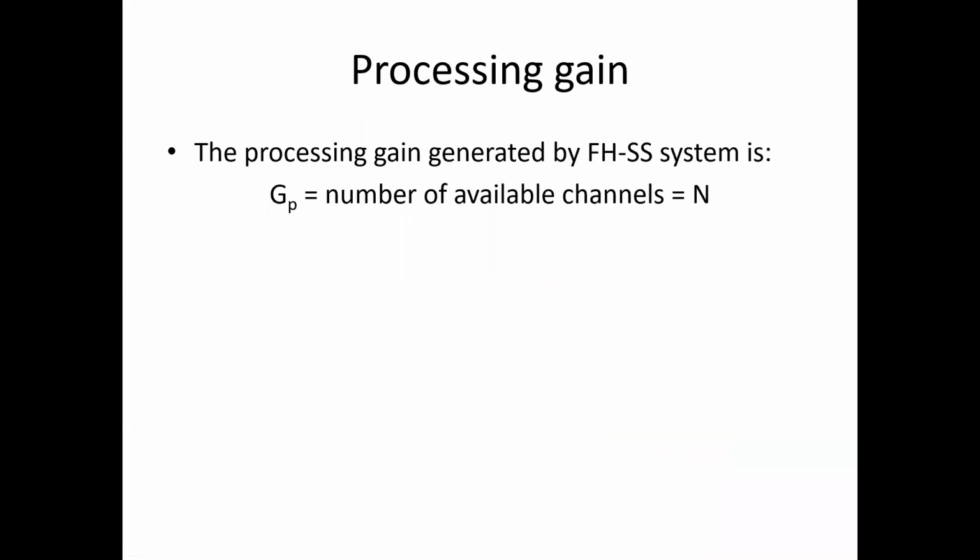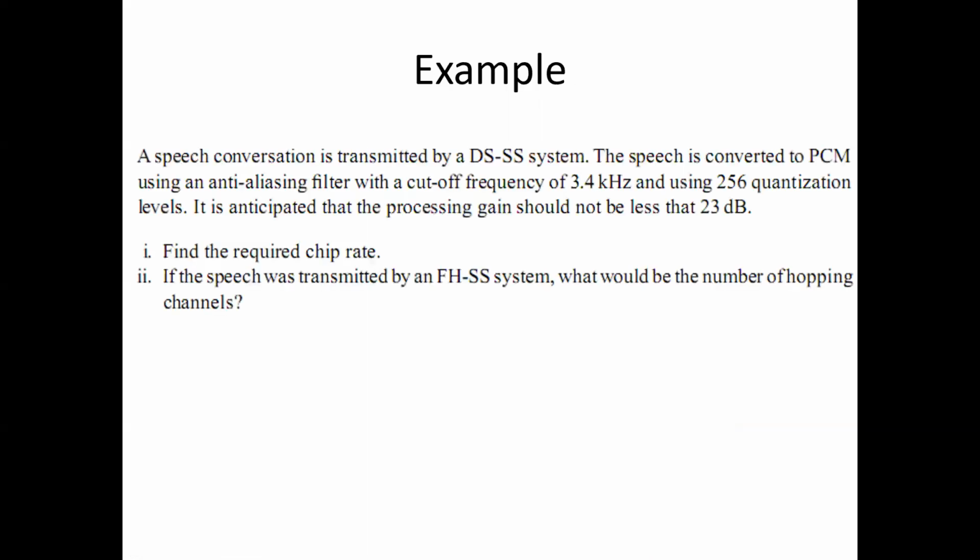In a frequency hopping spread spectrum system, GP represents the number of available channels, capital N. Now, based on these definitions, we have an example.